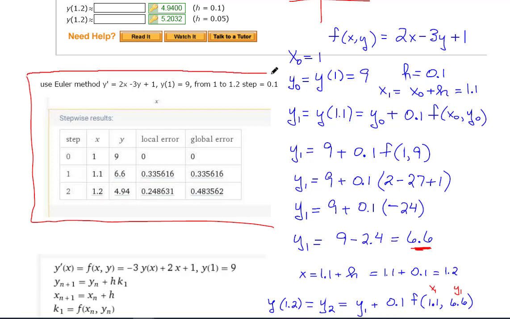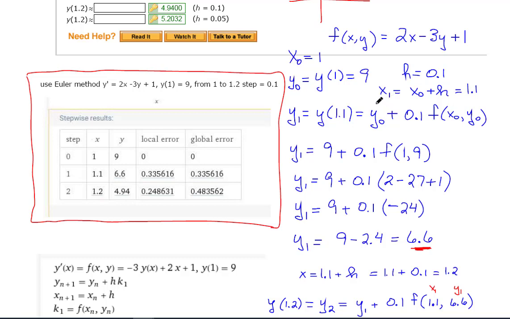And when you do that, it's going to produce a table like the following. So here we are at step 0. We're at 1, 9. We take one step forward, which is 0.1 forward, and we get 1.1. Another step forward, and we are at 1.2. And the value of y at each of those points is given there.